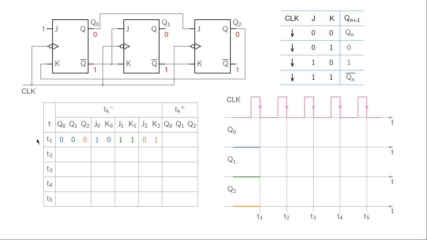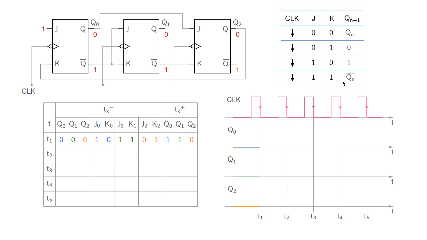What we can do now is to predict Q0, Q1, Q2 at T1 plus. So we can fill up this column here knowing these J and K values. For example, J0, K0 are 1, 0. That brings us here, and that says that Q0 is going to be 1. What about Q1? J1, K1 are 1.